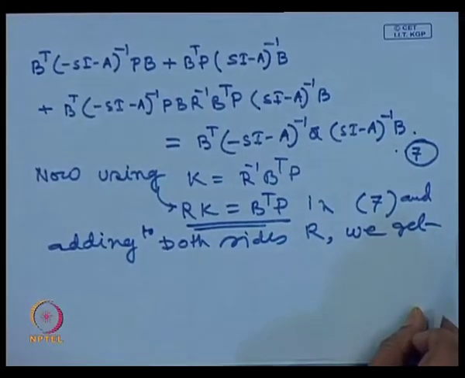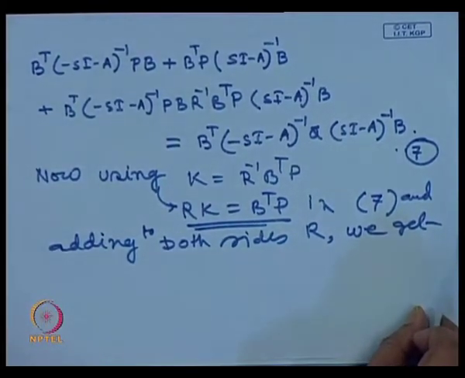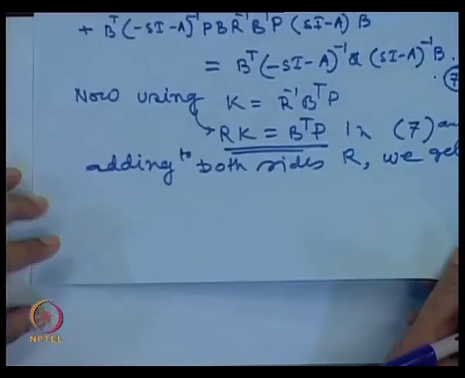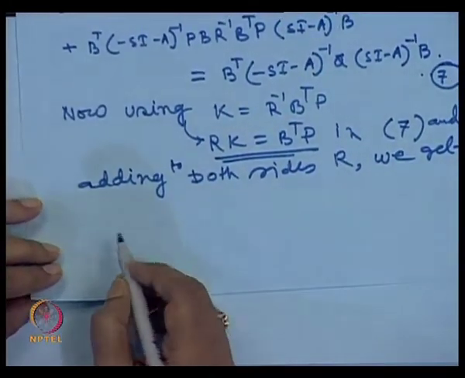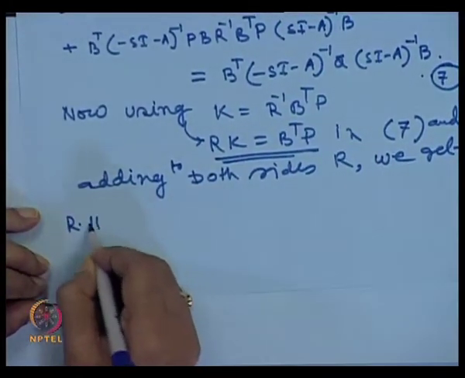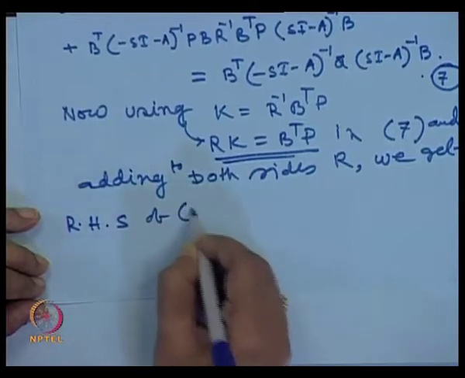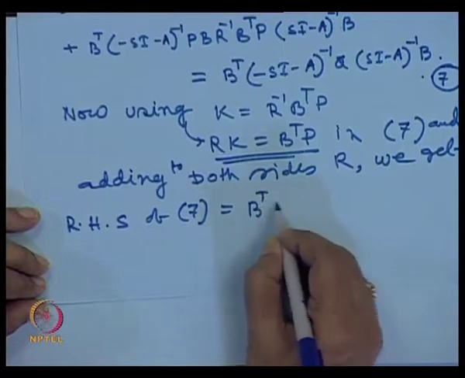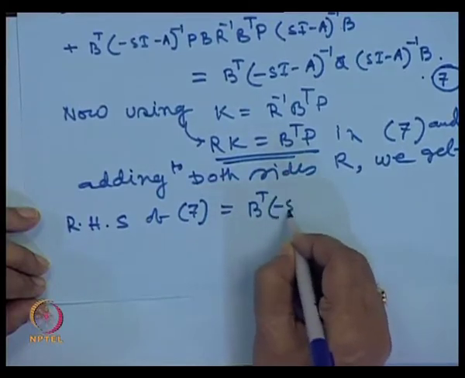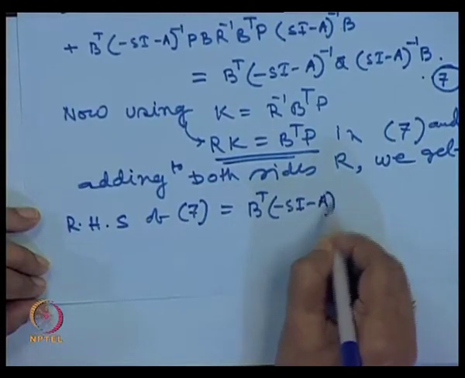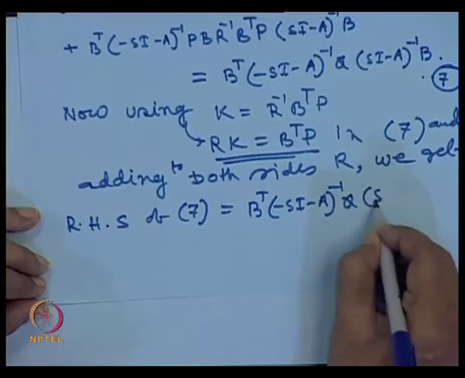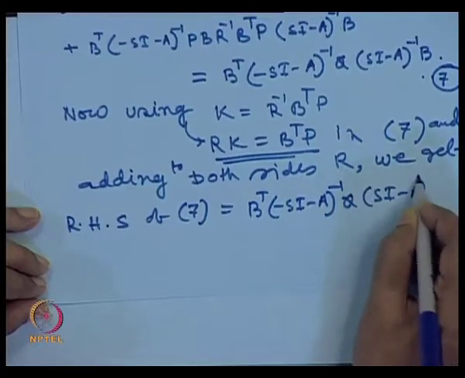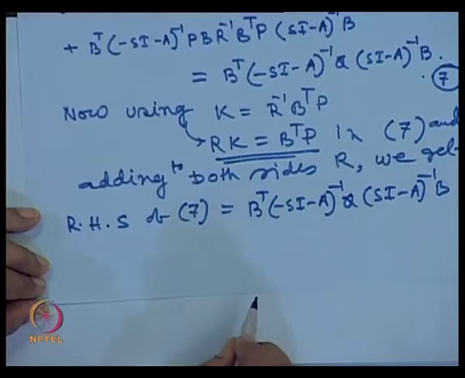So, we will get this expression finally. The right hand side of 7 we will get as it is: B transpose (sI minus A) whole inverse Q (sI minus A) whole inverse B, agree.